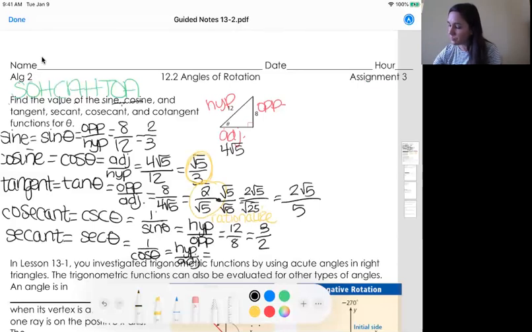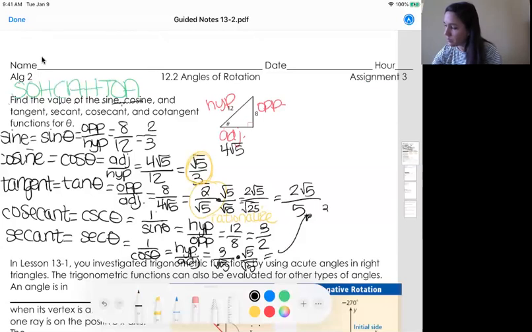All right, so I'm going to take 3 over root 5. However, we need to rationalize. Remember, we can't have square roots in the denominator. So just like I did here with the tangent, I'm going to multiply the square root of 5 over the square root of 5. I'll come up here.